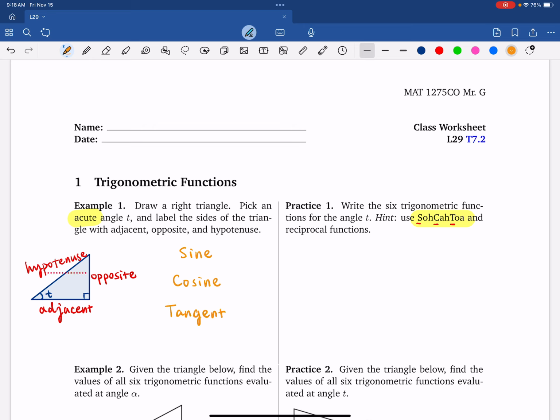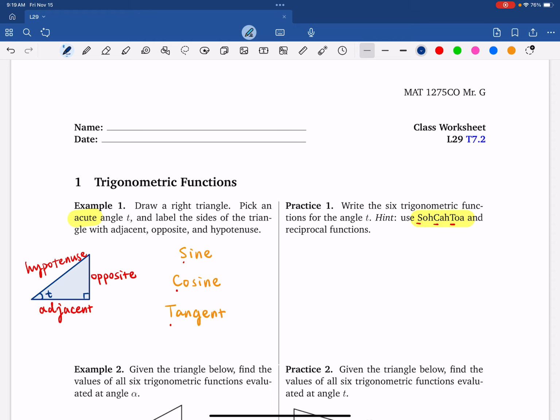And I use the initials, as you can see, S, C, T. That's where the SCT comes from. They're referring to sine, cosine, and tangent. These are the three main trigonometric functions that you will use in this class. But since there are 6, there will be 3 more. We will talk about that after we finish discussing these 3.